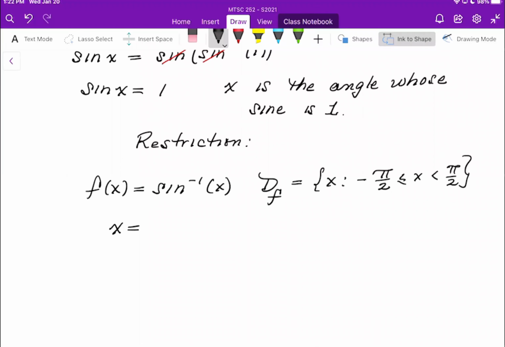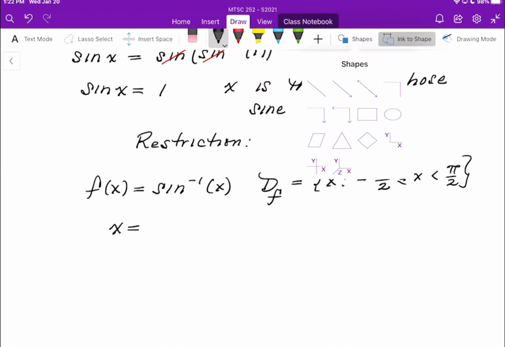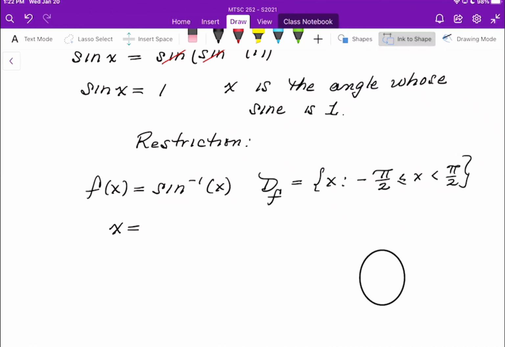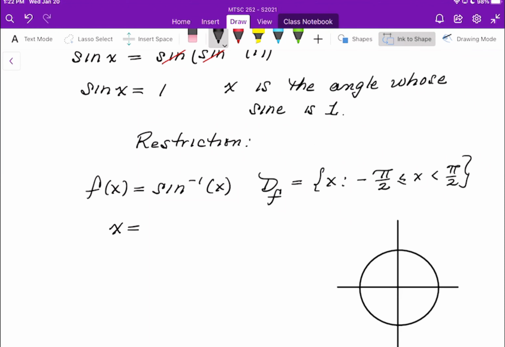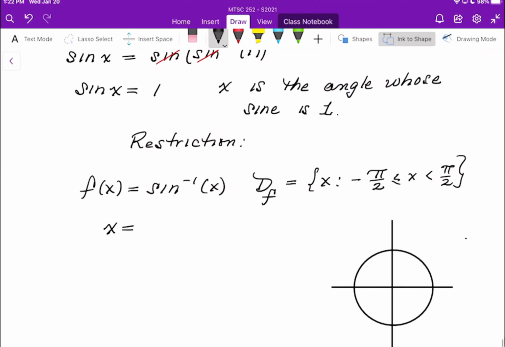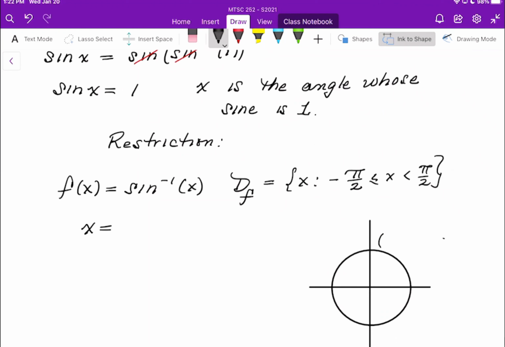If I have a unit circle, this is so frustrating, but I'll get it. There we go. Okay, so here's the unit circle. So the sine is the y value. So this is the point right here, 0, 1. So the sine is the y value. So this angle is pi over 4. So that value we want is pi over 4.